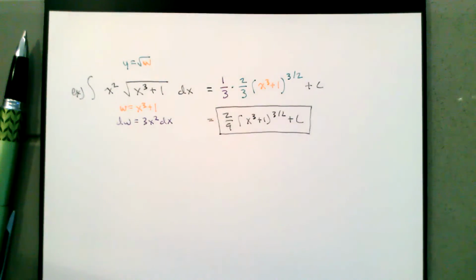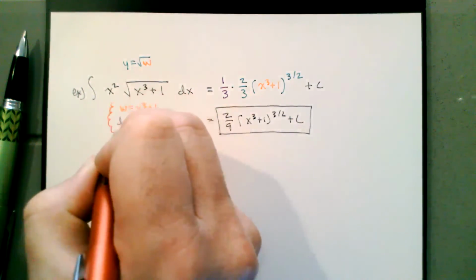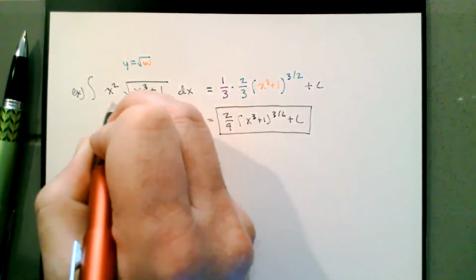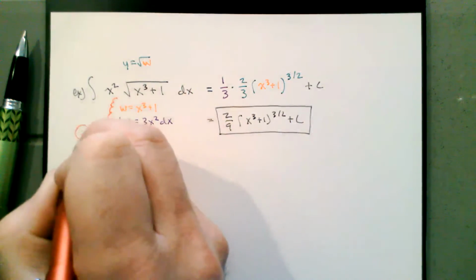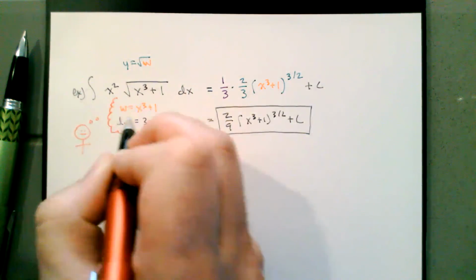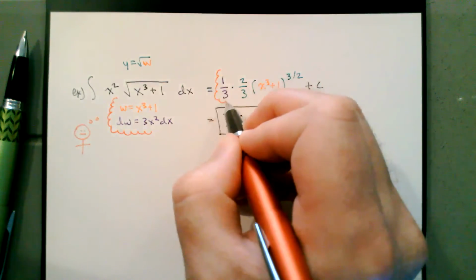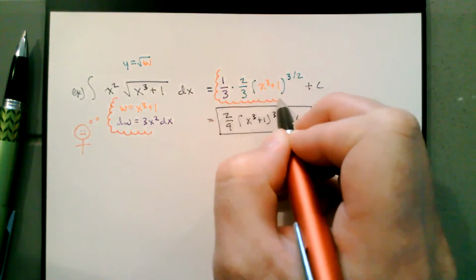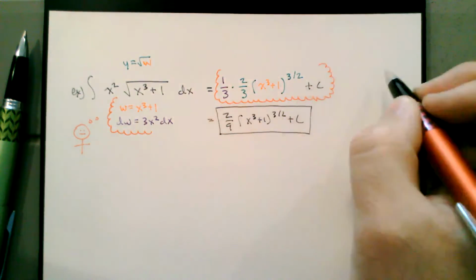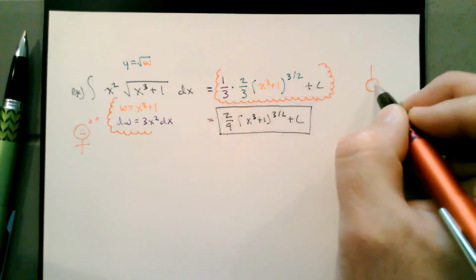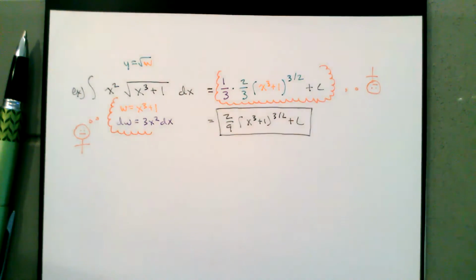We want to see where the 2/3 came from. And all this is taking place just by thinking about it. Even this part right here, we're thinking about it.